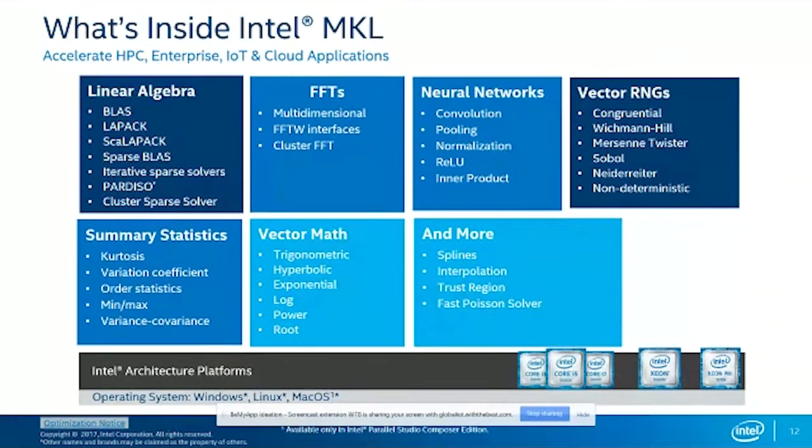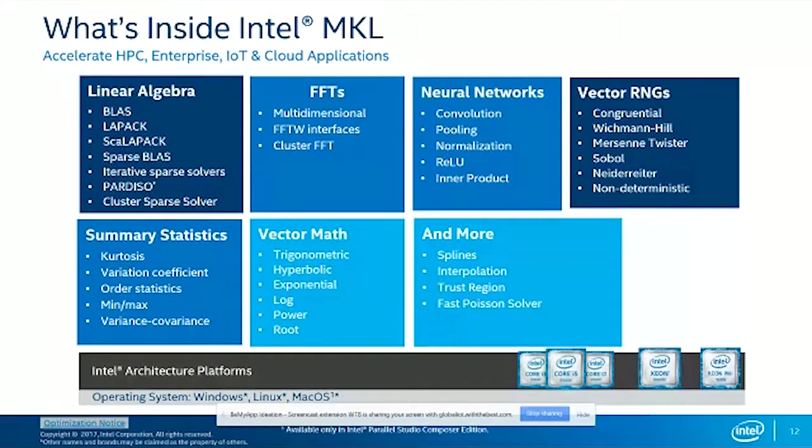Intel MKL is also integrated into many machine learning frameworks like Caffe and TensorFlow. So if you are using such frameworks, you can enable Intel MKL optimizations and take advantage of the latest CPUs. MKL also supports random number generation, statistics functions, and vector math functions. So we can see that this library is very focused on mathematical computations.